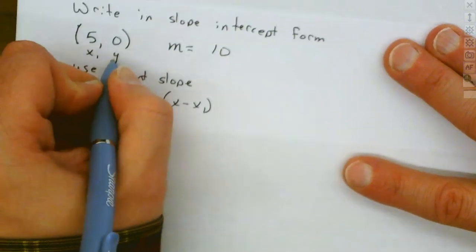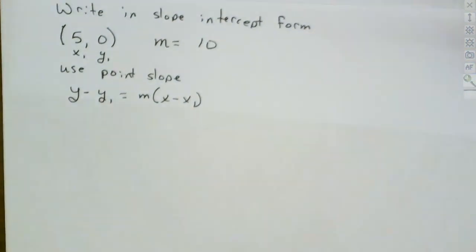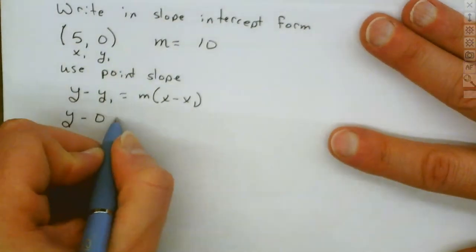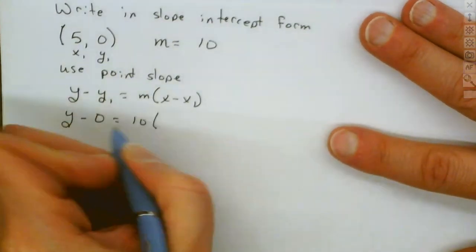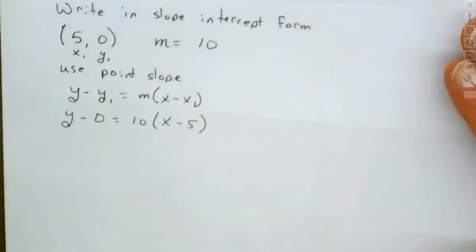And this is x1 and this is y1. And we'll fill in the blanks here. So that's going to be y minus 0 equals 10 times x minus 5. Right? Plugging the pieces in.